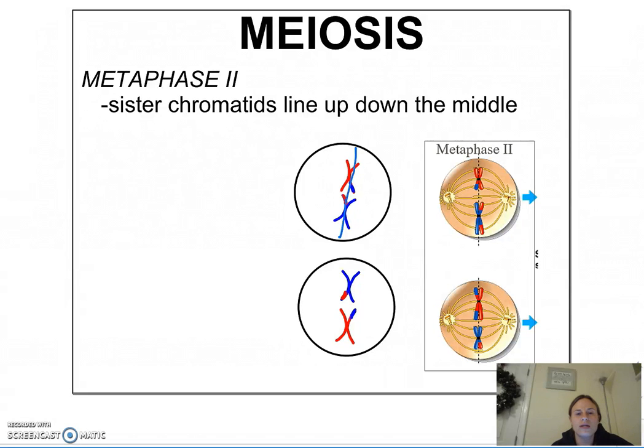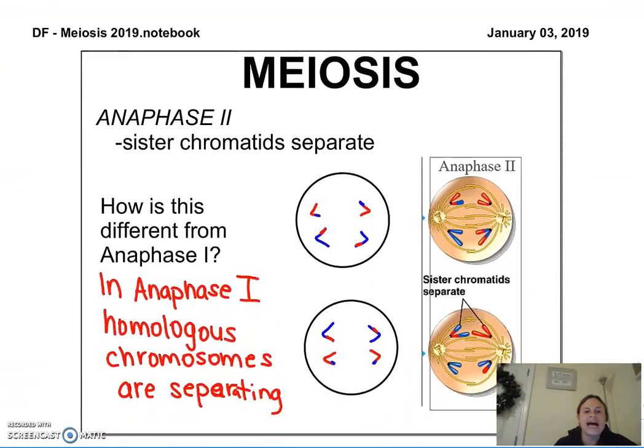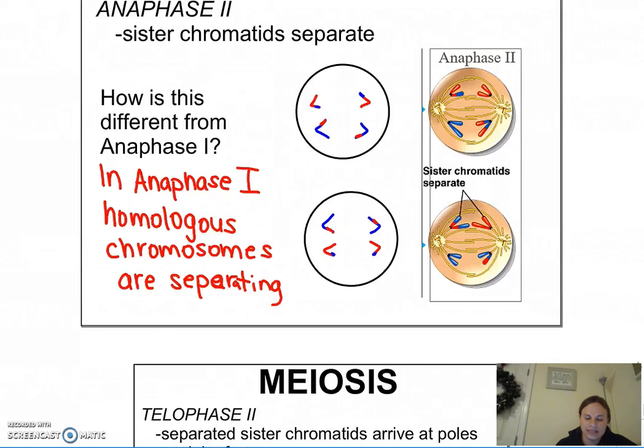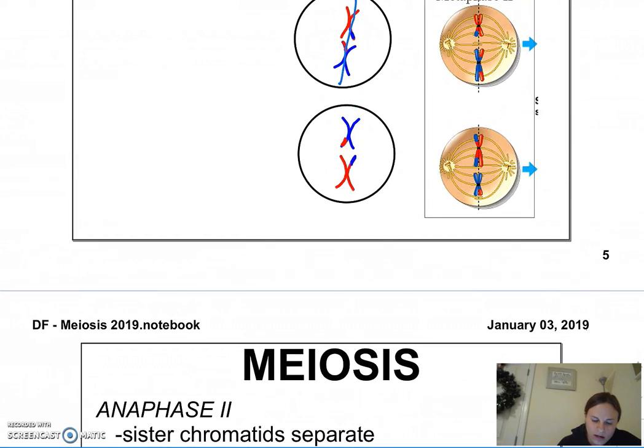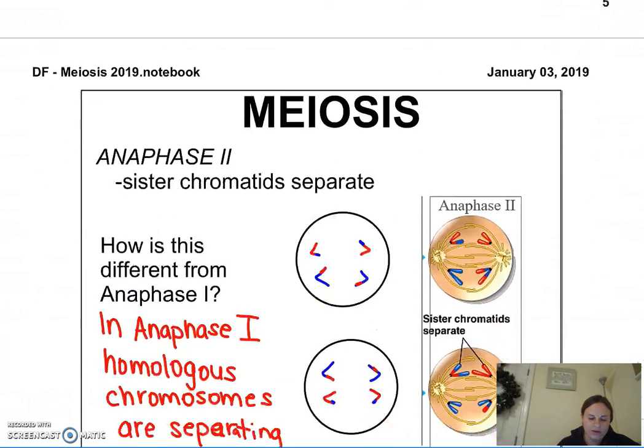So in metaphase 1, you had the tetrads lining up. Now you have the sister chromatids lining up. And then in anaphase 2, it's the sister chromatids that separate. So in anaphase 2, it's these sister chromatids that are going to move to either end of our cell.